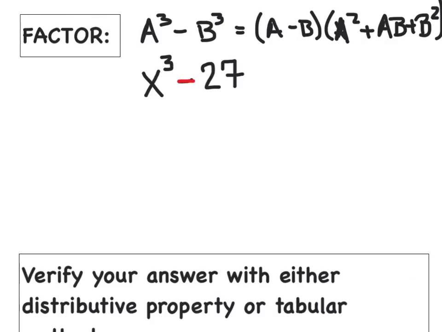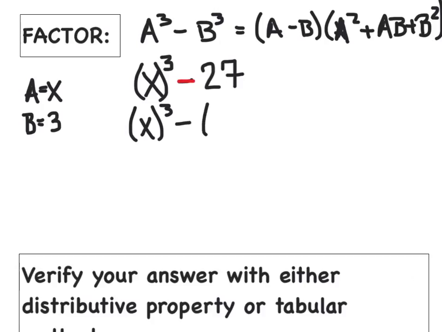Basically, if you want to make a note off to the side here, the letter A is equivalent to an x because that's what's getting cubed in the first term. And the letter B is equal to a 3 because that's what's getting cubed in the second term. So if you want, you can rewrite this as x cubed minus 3 cubed, and you can clearly see who your A and your B values are.